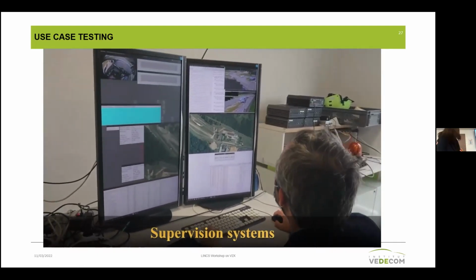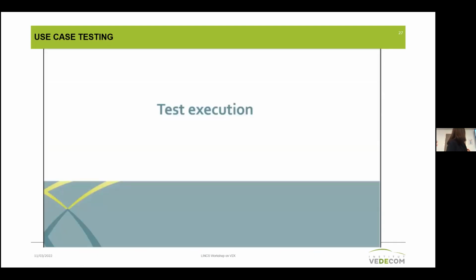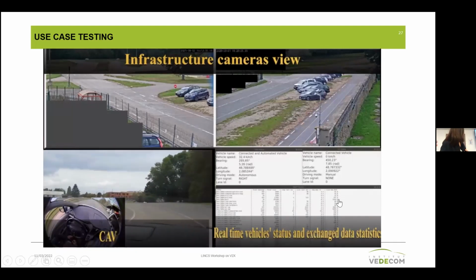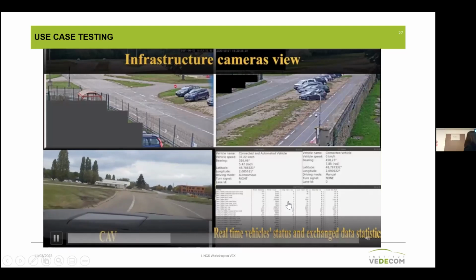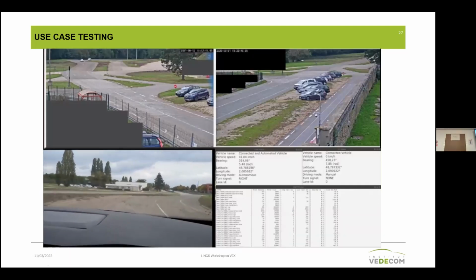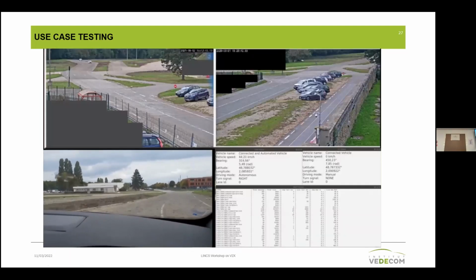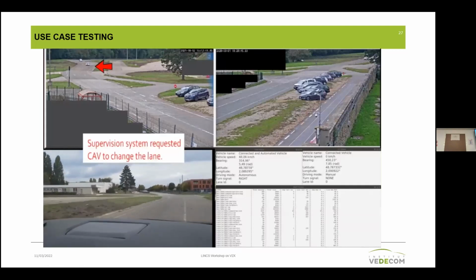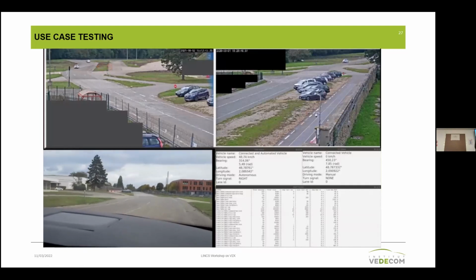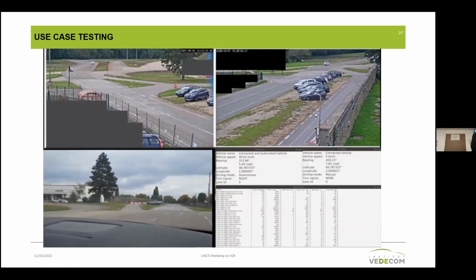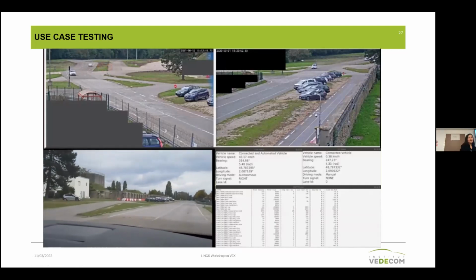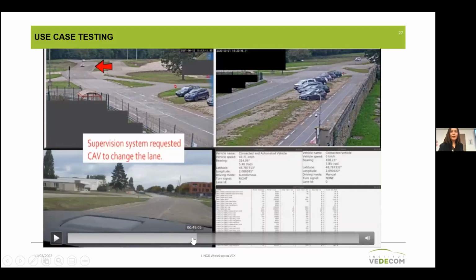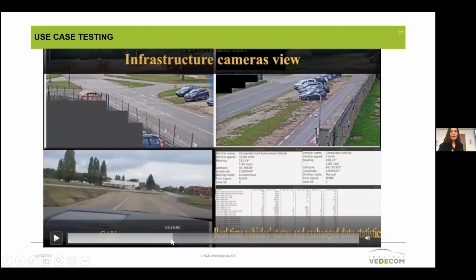Here we have infrastructure cameras to see the situation. The autonomous car and connected car are coming, and here the basic car will come. Here is the vision of the autonomous car. Maybe you haven't noticed, but we have already detected the collision risk and informed. Sorry about that, it went so fast.